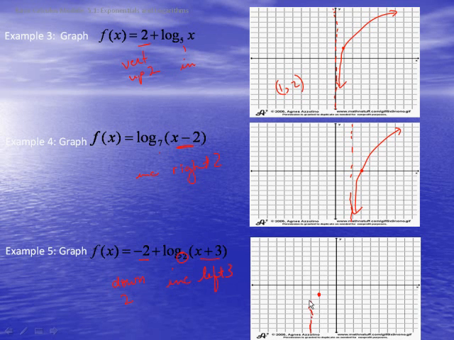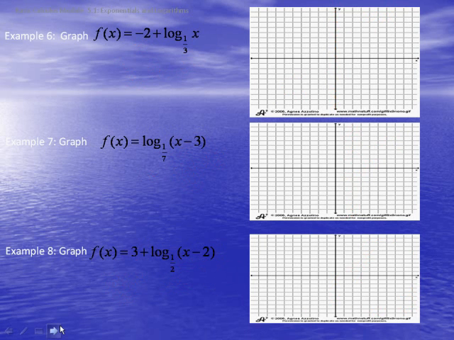Our vertical asymptote is going to be 1 to the left of it, and it's going to be increasing, so it should look like that. Okay, notice that my point of reference is going to be -2, -2.